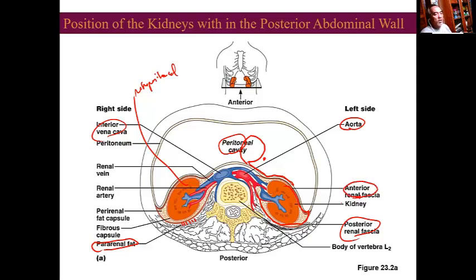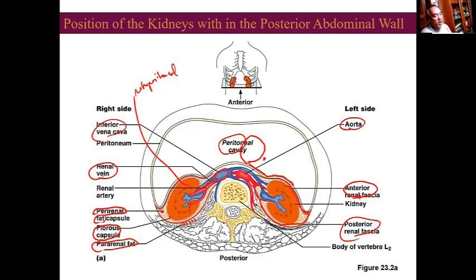Inside those fascias is again fat, and we call it perirenal fat. Then the covering enclosing the kidney is called your fibrous capsule. So notice that there's a lot of things that protect the kidney because the kidney is very soft, so it has a lot of these fascias and a lot of fat that absorb any shock or injury to the kidney.